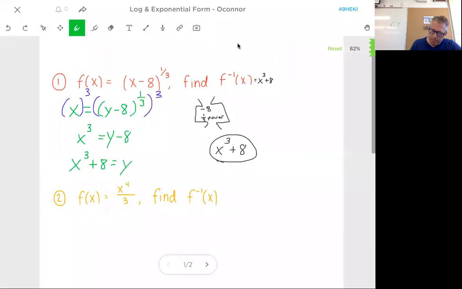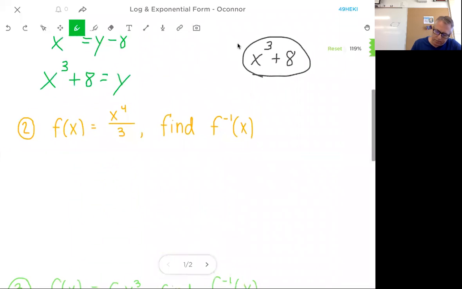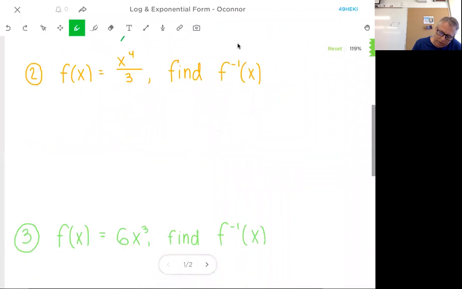All right, second problem. I'm in my green pen, so I'll do that method first. Switch the x's and y's, so I get x equals y to the 4th over 3. To solve that for y, I multiply both sides by 3. And then to get rid of the 4th power, I take the 4th root of both sides.